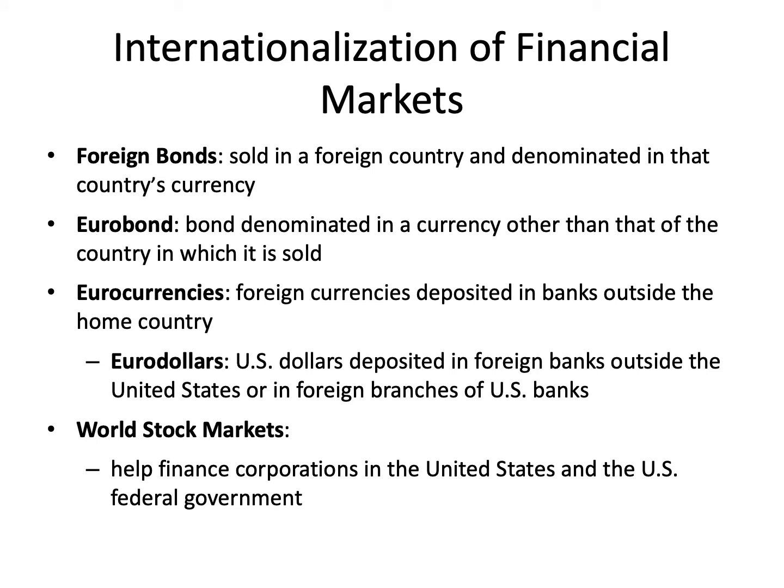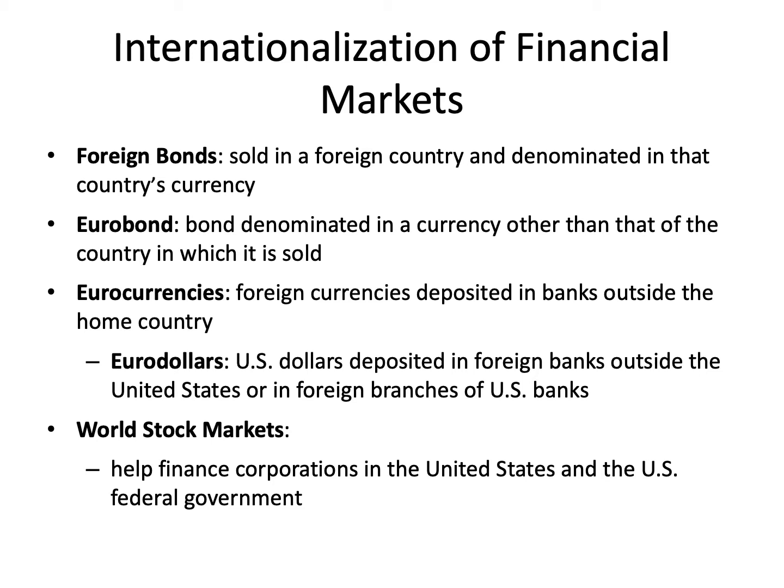Well, financial markets have become increasingly internationalized. Foreign bonds are sold in a foreign country and denominated in that country's currency. A Eurobond is a bond denominated in a currency other than that of the country in which it is sold. Eurocurrencies are foreign currencies deposited in banks outside the home country.